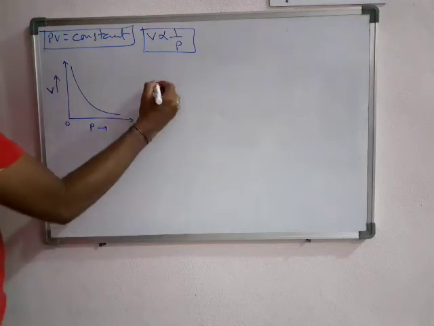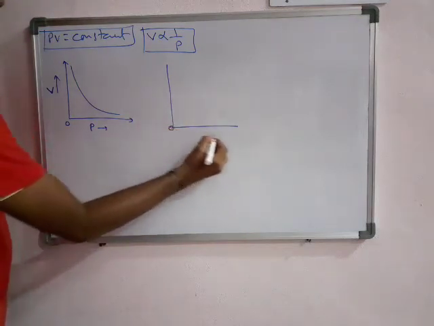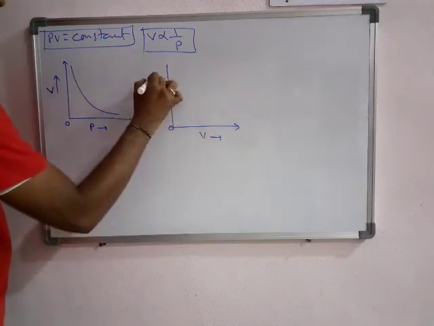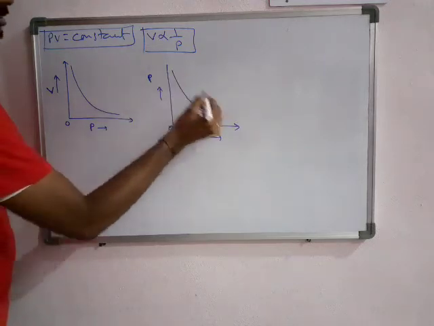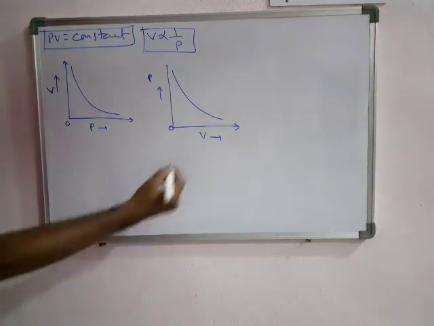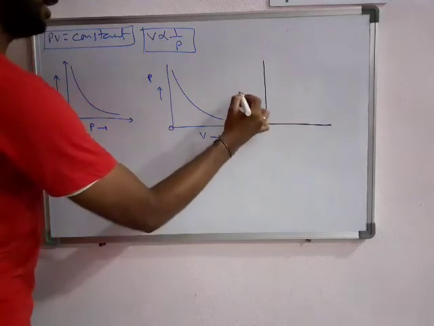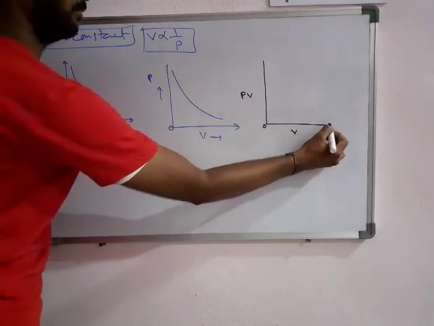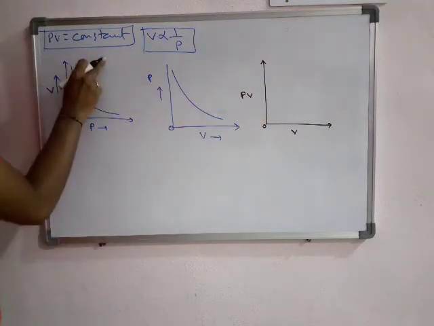If you take the graph of volume versus pressure, then also there is no change in its relation. It is also like this. Okay. Next, see the other one. Here we are taking pressure into volume against the volume. So we know that PV is always constant.